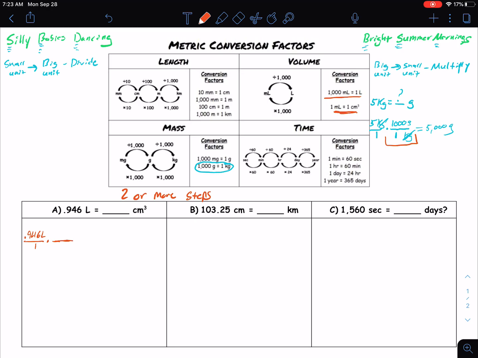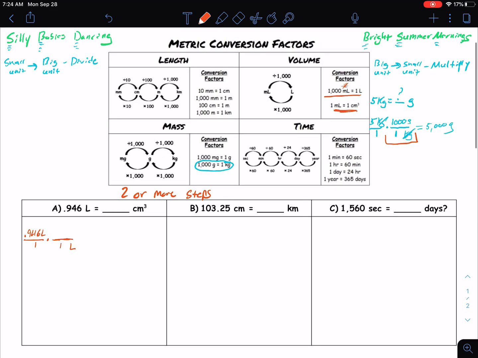This is going to work out the same way. So you know you've got to get to cubic centimeters, and milliliters can be turned into cubic centimeters, and you can turn the liters into milliliters. So let's do that. We have liters in the numerator. We'll put a liters in the denominator. According to the conversion factor up here, up by volume, 1 liter equals 1,000 milliliters.